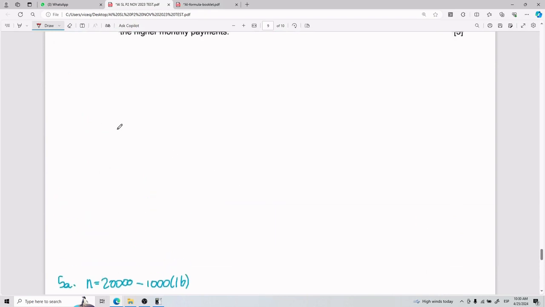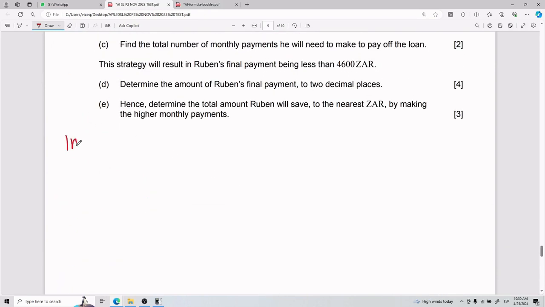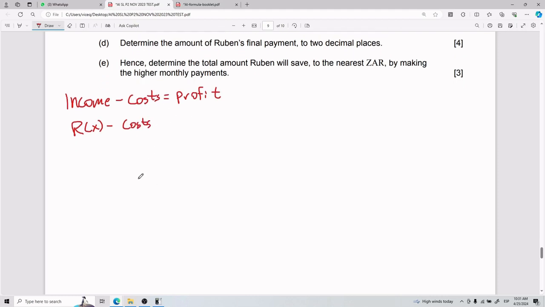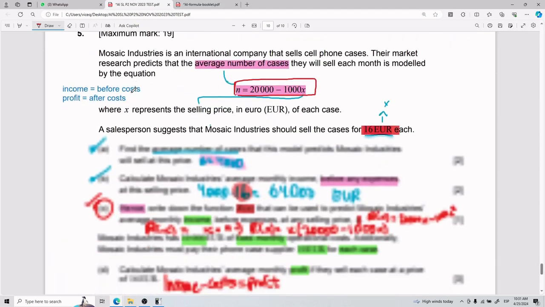So you have income minus costs will give you your profit. And I already know from part C that I have a function for income, r of x, right? And your costs, I'll do them at the end.